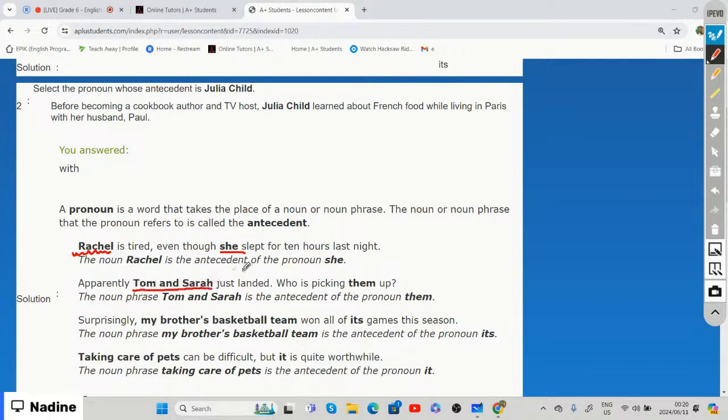As much as Tom sounds like he's one person and Sarah is one person, Tom and Sarah are doing the action together, so that becomes plural within that sentence.